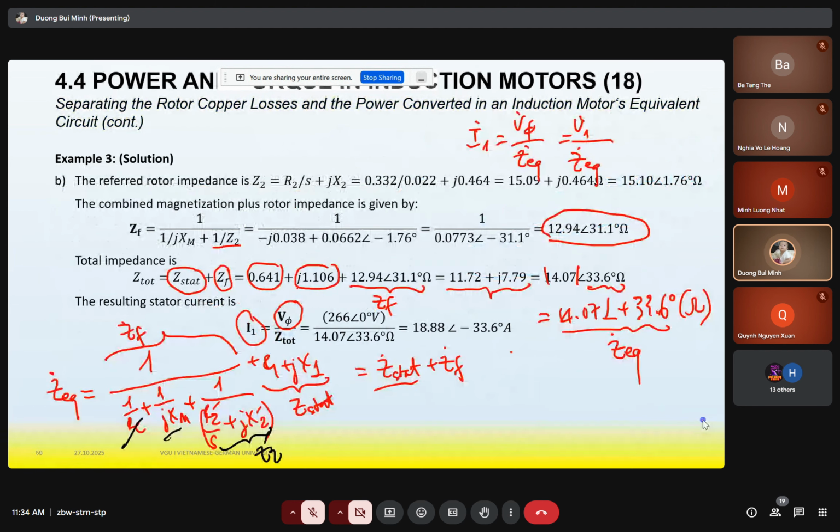Now we have phase voltage 266, and normally phase voltage is the reference on the x-axis, so the phase angle is 0, divided by Z total, or Z equivalent. The magnitude of the stator current I1 is 18.88, and the phase angle is minus 33.6. That's all. Any questions?